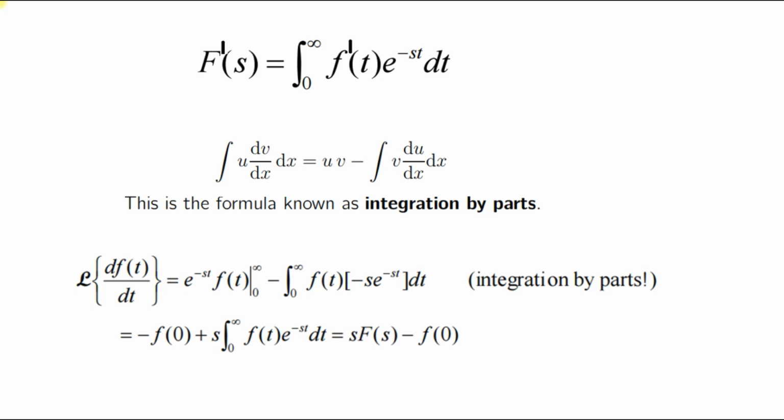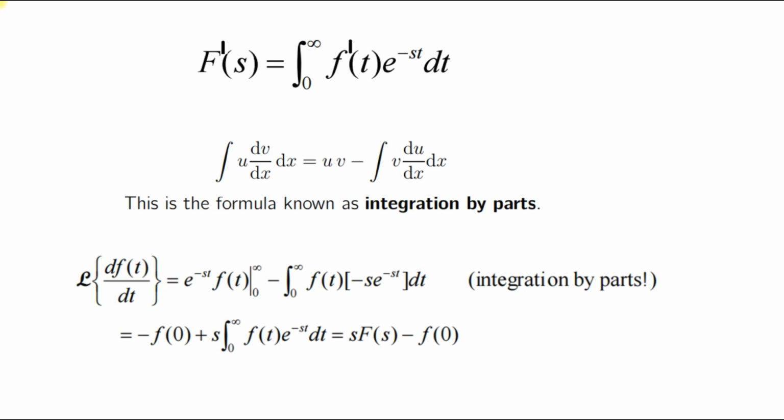So apply this formula to the corresponding function. Therefore the Laplace transform of d f of t divided by dt is replaced by u into v. Here u is e power minus st and v is f of t. So e power minus st into f of t, with limit 0 to infinity, minus the integral from 0 to infinity of v, which is f of t, into du by dx.